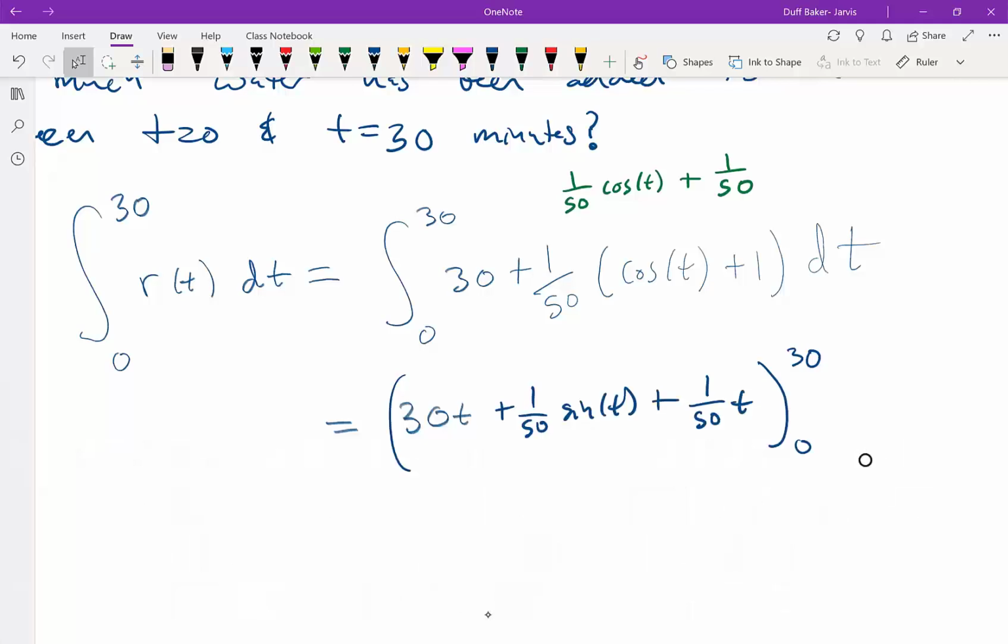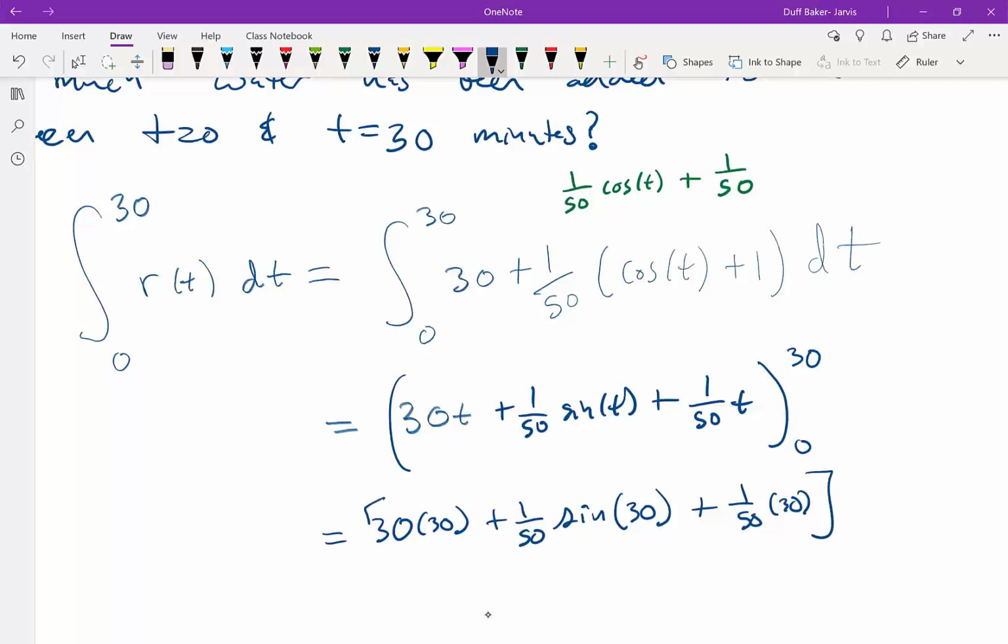If you do that, at 30, you get some number. But it's not a nice number, right? Because sine of 30 is got to be some irrational thing. But it's some number between -1 and 1. So that would come from plugging in 30.